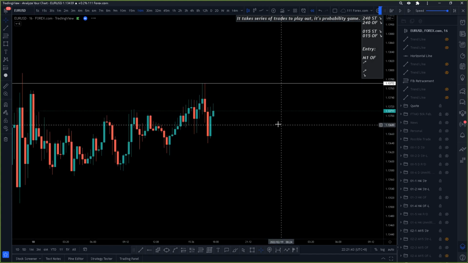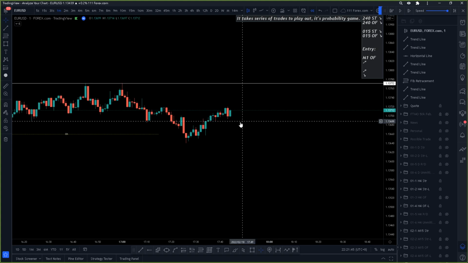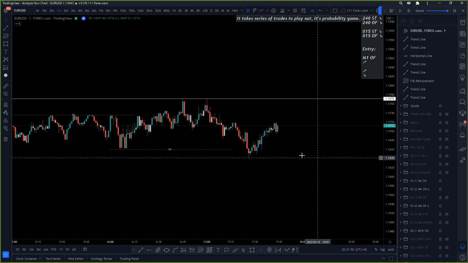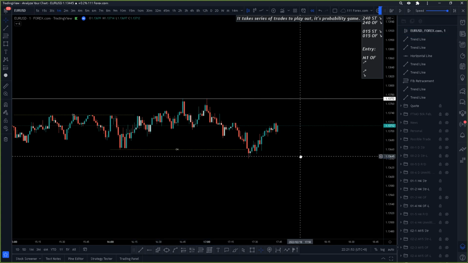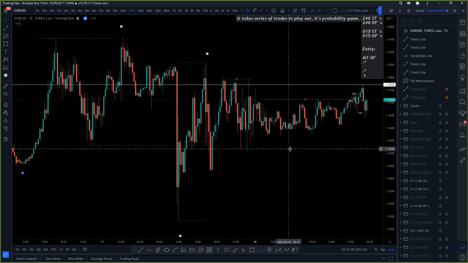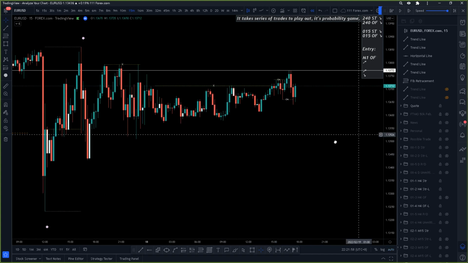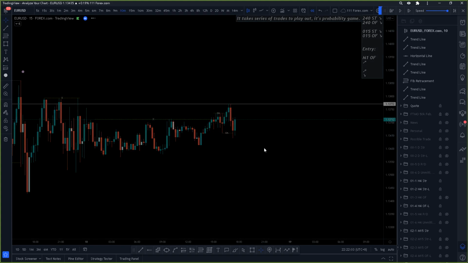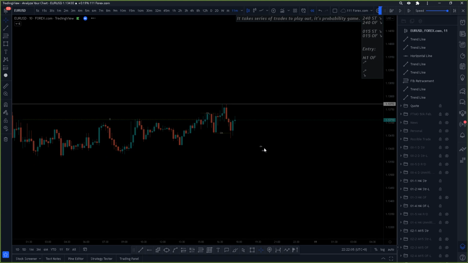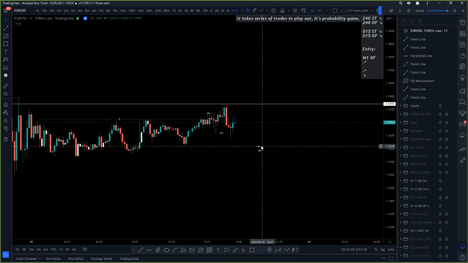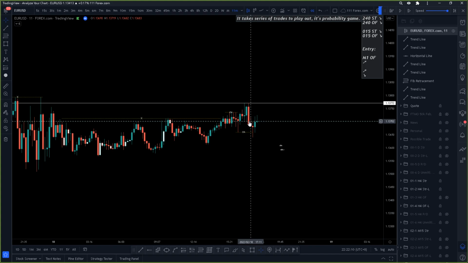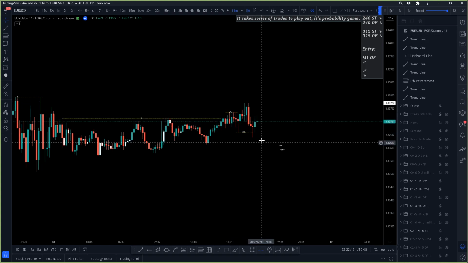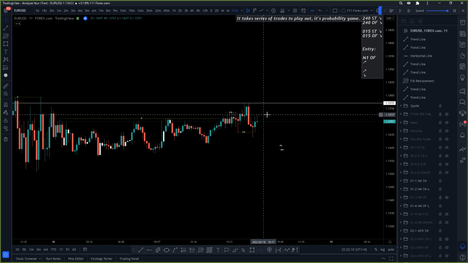It didn't really give me some better position to enter. Okay, buy to sell. Buy to sell that breaks some structure, has inducement.